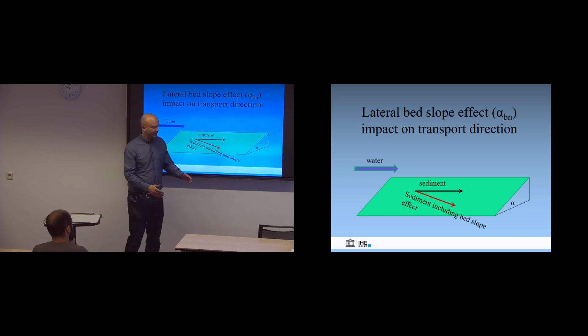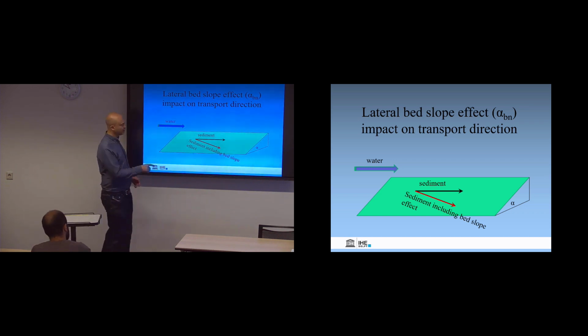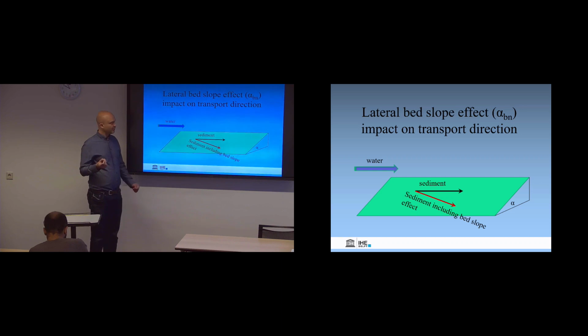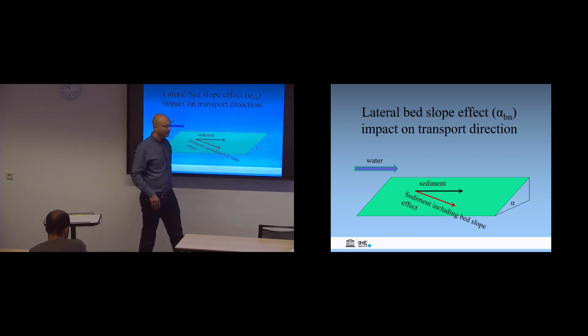It falls downhill. And that is this effect. So Delft3D takes that into account. It's basically a correction factor for the inclination of the bed level in your cell in downhill direction. And that is called a bed slope effect alpha Bn.